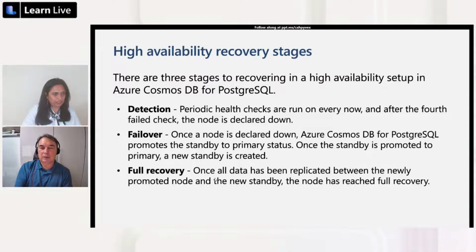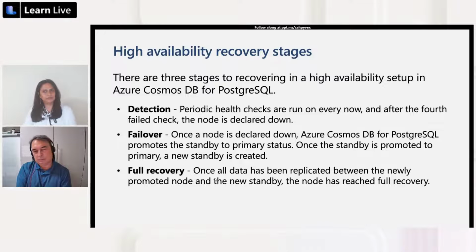Now, how does this all work? How does the platform behind this know when to execute a failover? It knows because there are monitoring processes that execute health checks on your database nodes all the time. Health checks mean that the database is online, that there are no errors, that the storage is accessible and not, I don't know, corrupt or something. If all is green, then no problem.